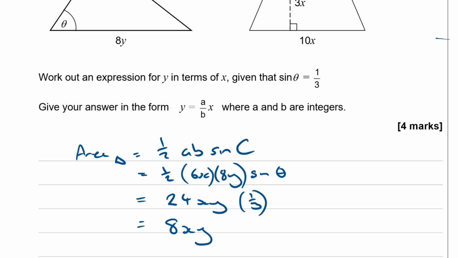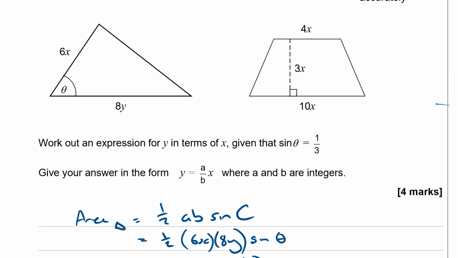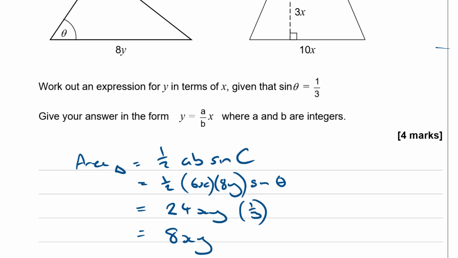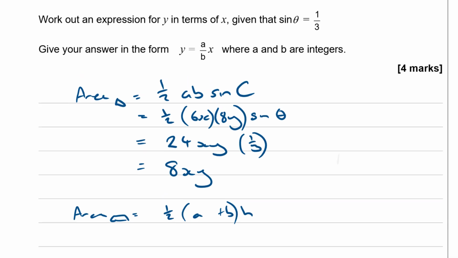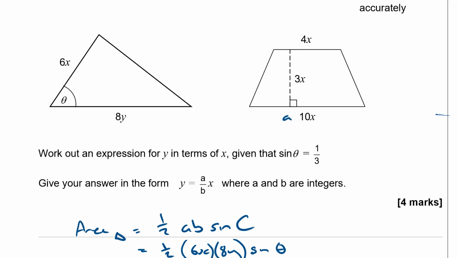Okay, next let's have a quick look at the trapezium. Now the area of a trapezium is equal to a half (a plus b) h, where a and b are your two parallel sides and h is the distance between them.